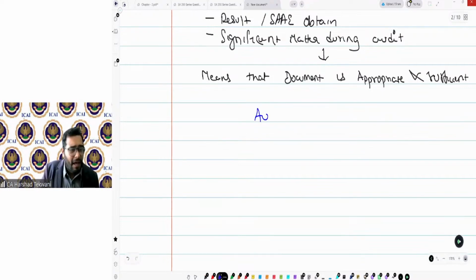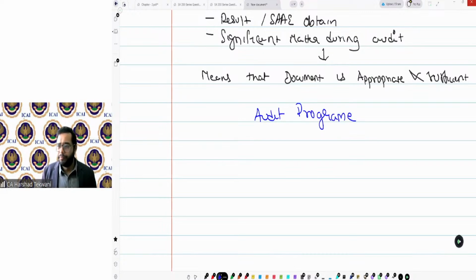Because all these three things are very important to understand. Now, when I say audit program, it contains four types of details.